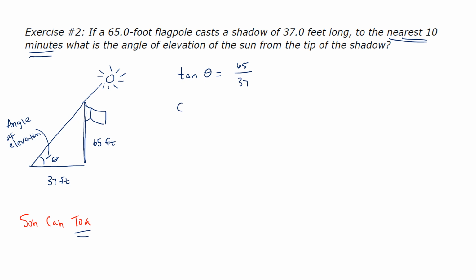So to find theta, we'll take the inverse of tan, which is 65 over 37, of 65 over 37, and we'll get 60.350136 in our calculator, rounding to two significant digits.